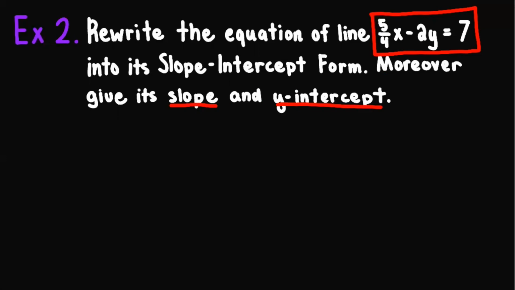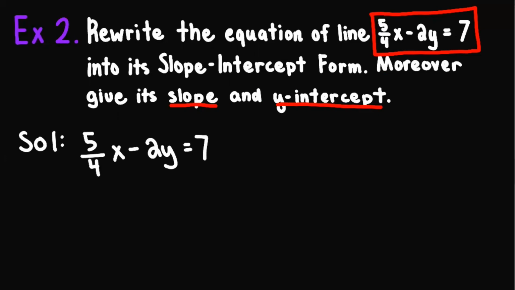Let's start. So from the given, we have here 5 over 4x minus 2y equals 7. We recall that the slope-intercept form is given by y equals mx plus b.